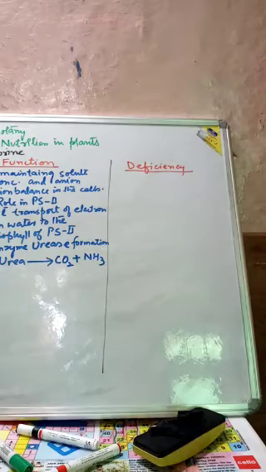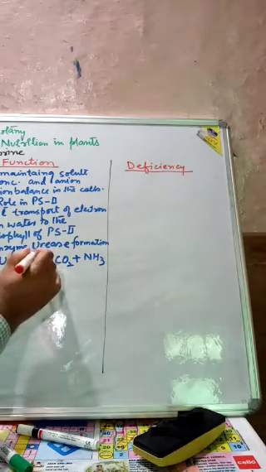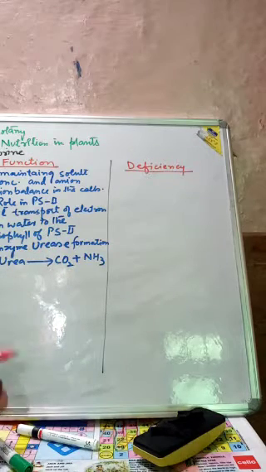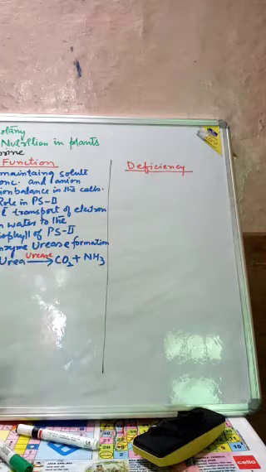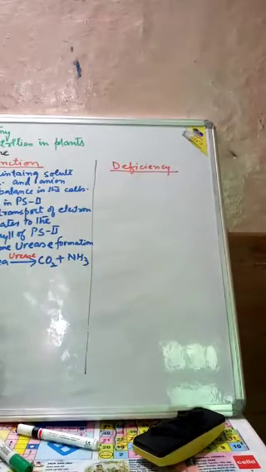So chlorine is an important part of urease formation, and this enzyme helps in the breakdown of urea into carbon dioxide and ammonia.